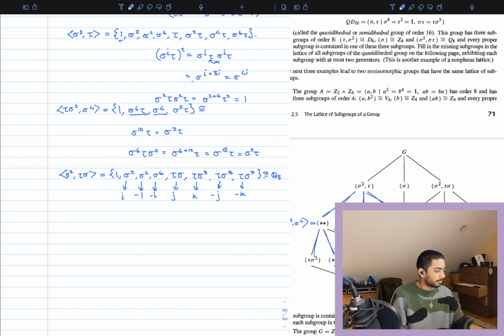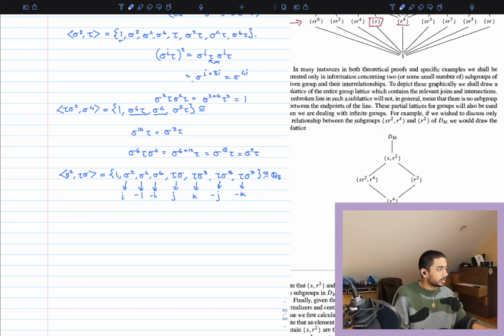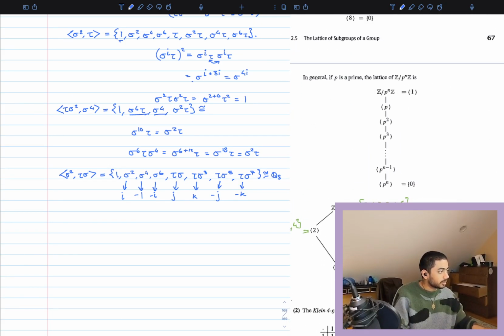On the other hand, if instead we looked at the stuff underneath this directly, we notice that the group generated by this is isomorphic to the cyclic group with 8 elements. In other words, Z mod 8Z.